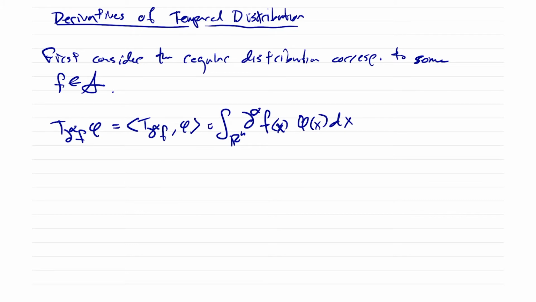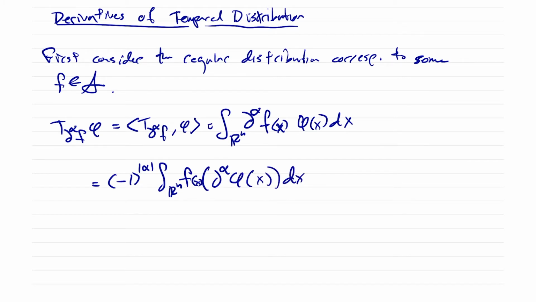Okay, so what can we do from here? Well, we can use integration by parts, and that's going to give us (-1)^|α| times the integral over R^n of f(x) times D^α phi(x) dx. Now, integration by parts usually includes some boundary terms, but since f and phi are both rapidly decreasing and going to 0, all those boundary terms vanish, and all we're left with is that last term.